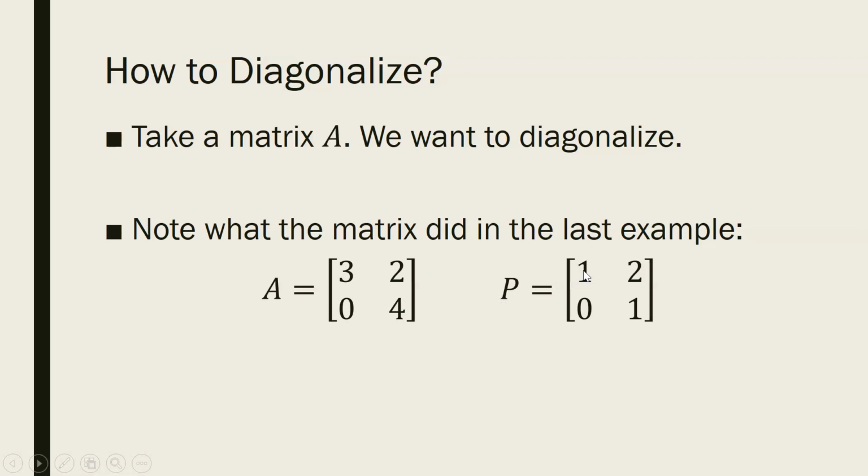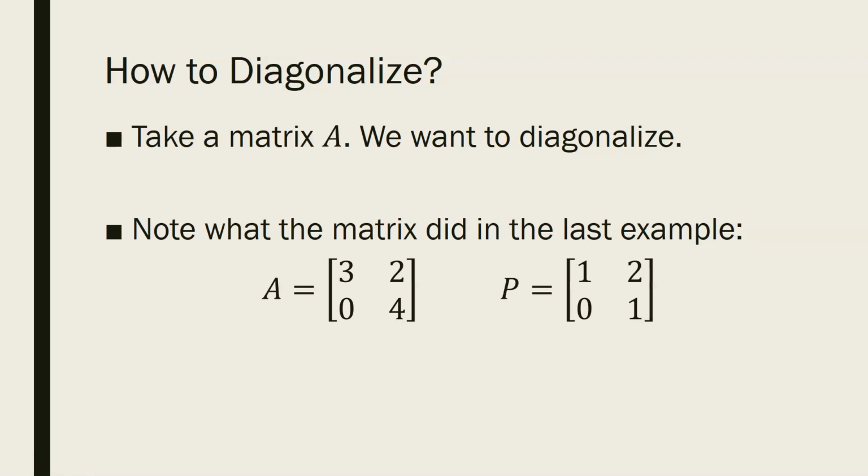Also, you'll note that 1, 0 is an eigenvector with eigenvalue 3. So go ahead and check that if you multiply A times the vector 1, 0, it has eigenvalue 3. And moreover, 2, 1 is going to have eigenvalue 4.